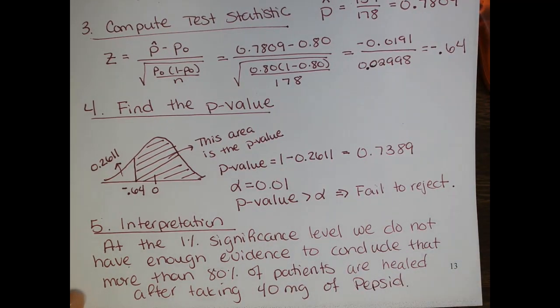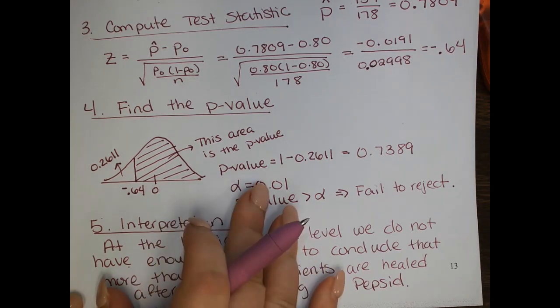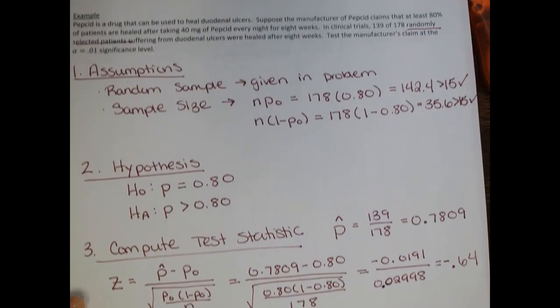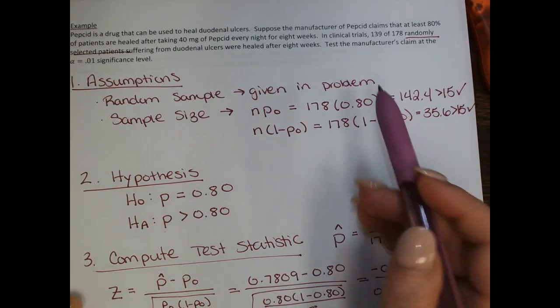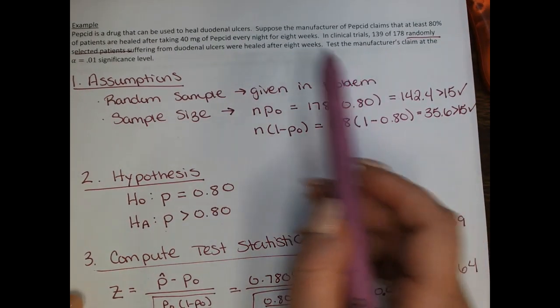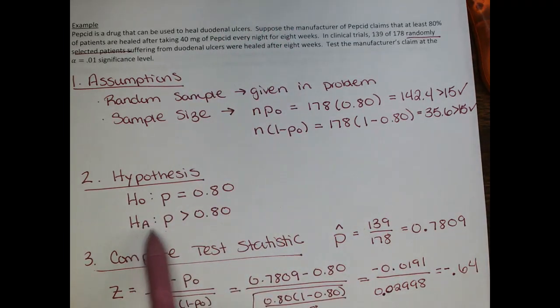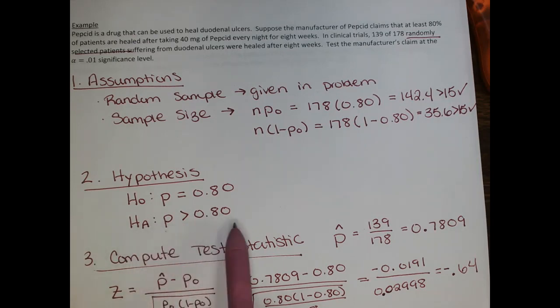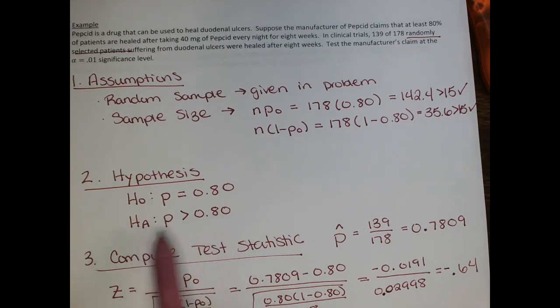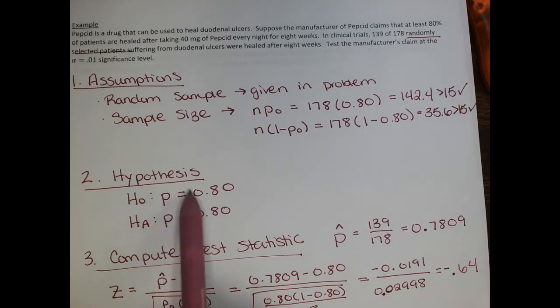So let's go back to our original problem and see if this interpretation or this conclusion makes sense. So recall that the manufacturer claims that at least 80% of patients are healed after taking the 40 milligrams of Pepcid. So we set out to prove if that population proportion of people who were healed was really greater than 80%. And remember, we couldn't include the equal sign here for the at least because the equal sign goes here.